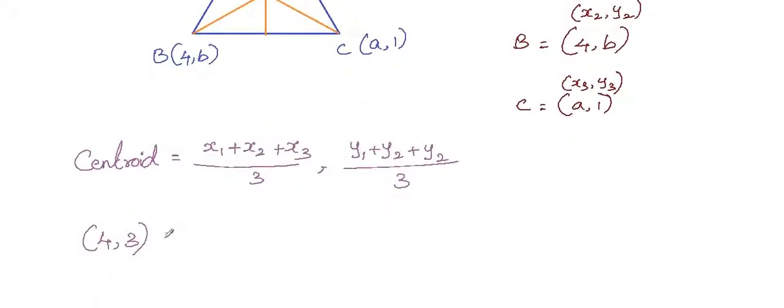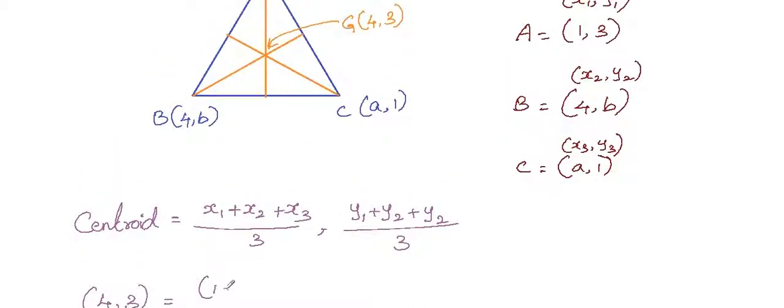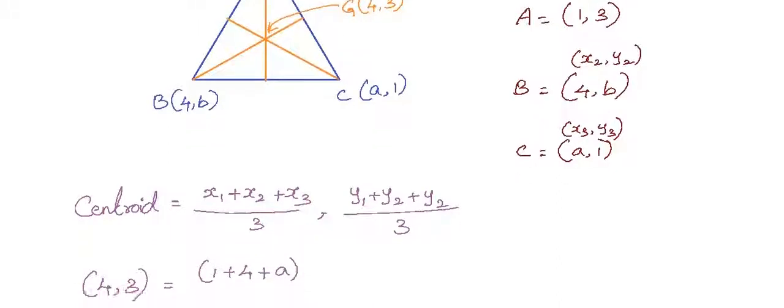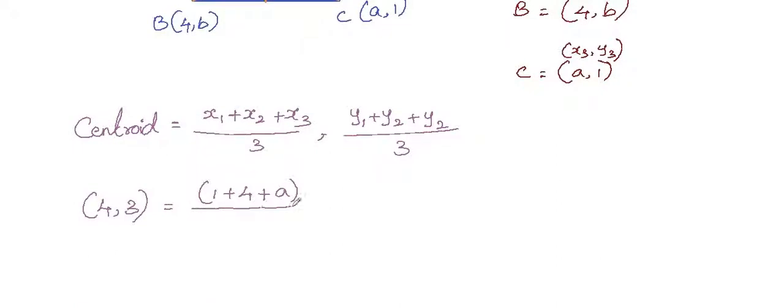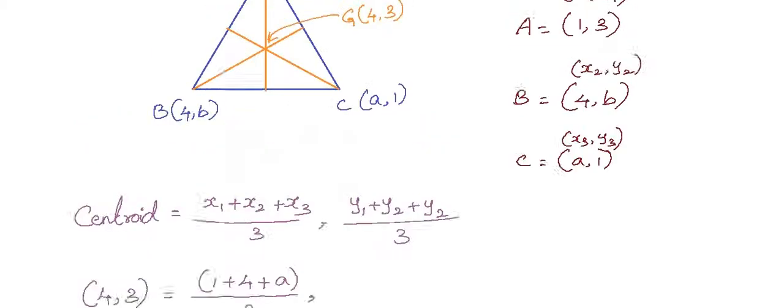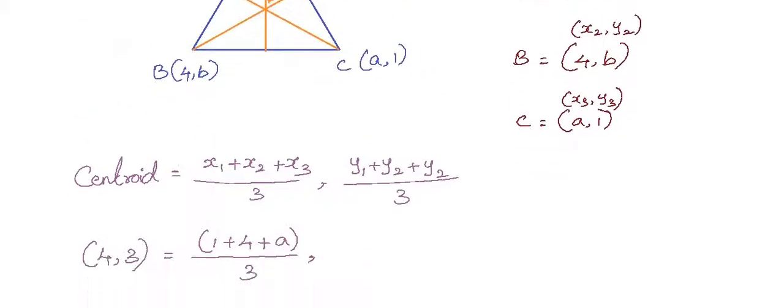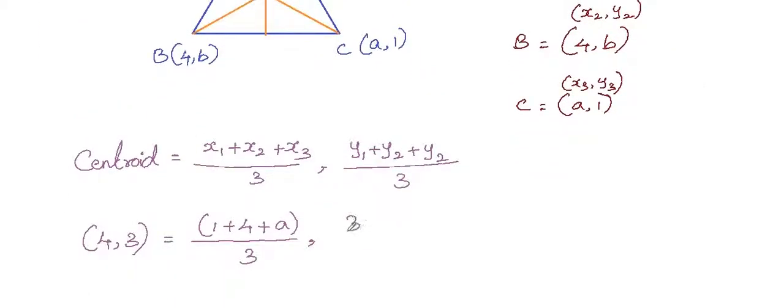So here the x1 value is 1. So (1 + 4 + A) divided by 3, and the y1 value is 3. So (3 + B + 1) whole divided by 3.